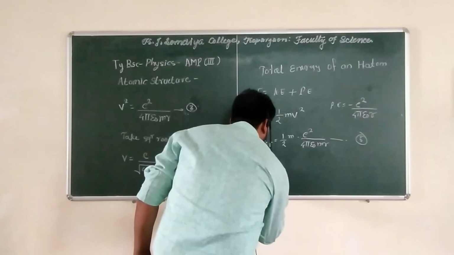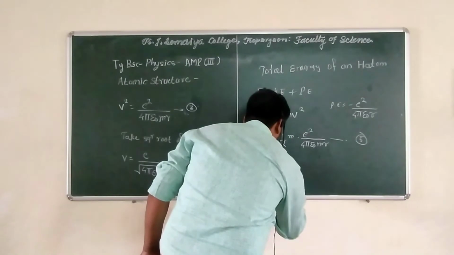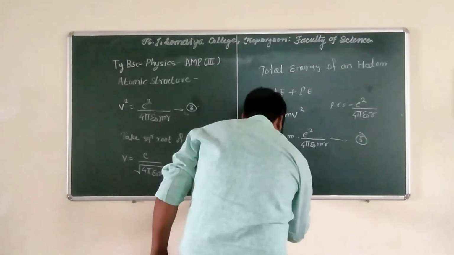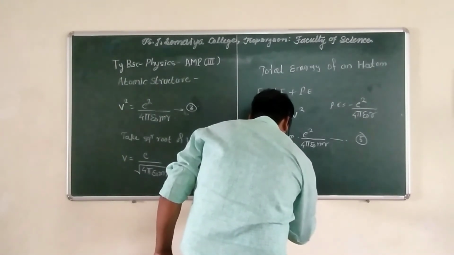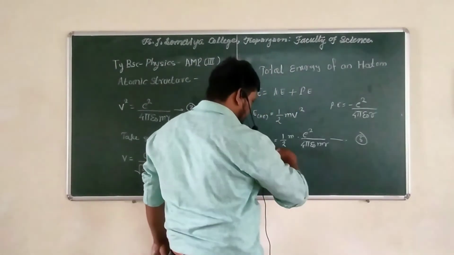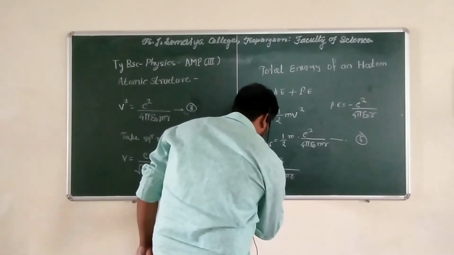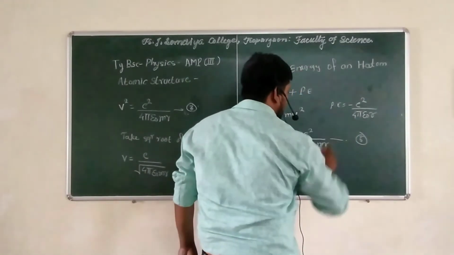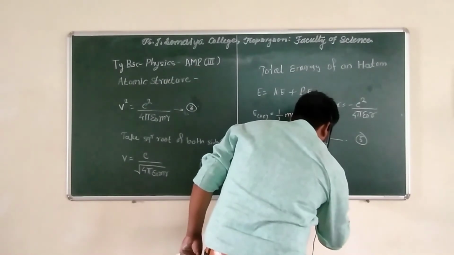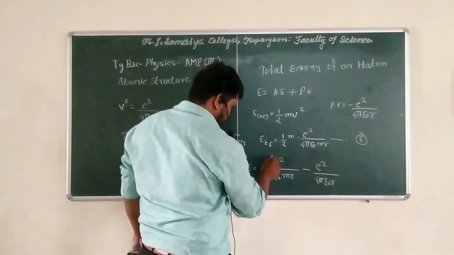So E is equal to m into e squared divided by 4 pi epsilon naught m into r, multiplied by 1 by 2 into this equation, so this factor goes to 8, minus the potential energy value e squared upon 4 pi epsilon naught r, and this m and this m get cancelled.